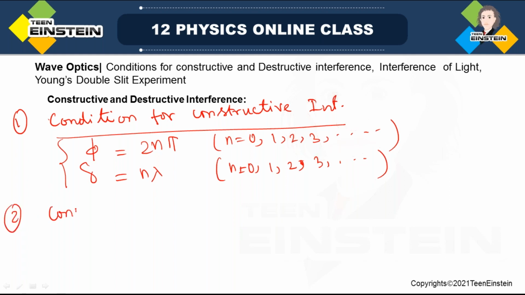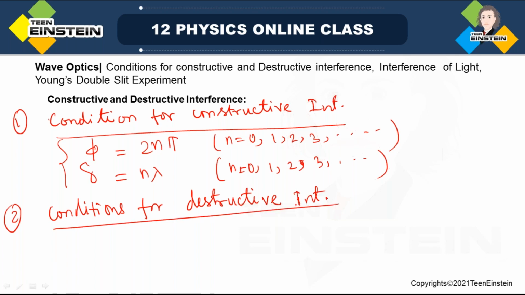And these are the conditions for destructive interference. You might be thinking why sir is giving so much importance to this, because there are many problems in competitive exams from this part alone.